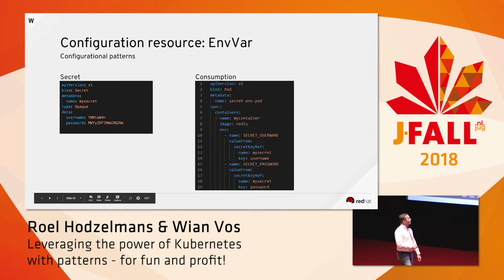And here you can say, all right, I'm going to take it from this secret. The name is my secret. The key is username. So this is going to be the name of the environment variable, and it's going to get the secret from my secret and the key username. So this variable is going to translate to that. Plain and simple.